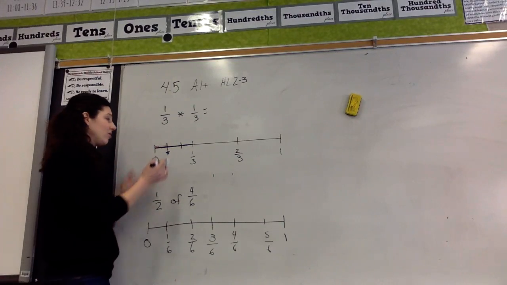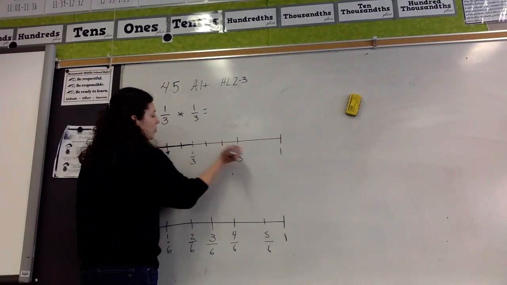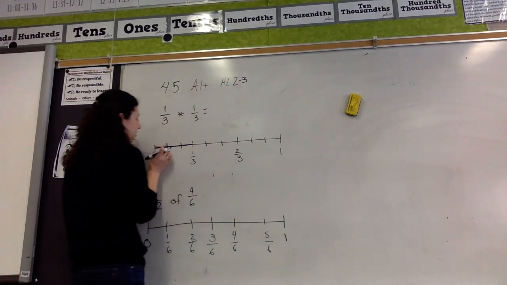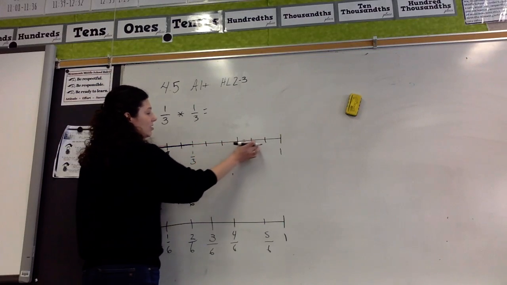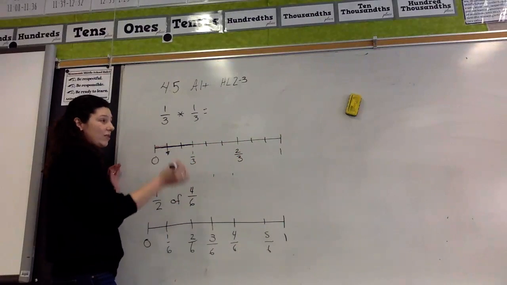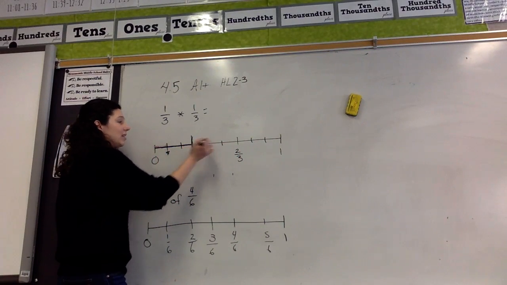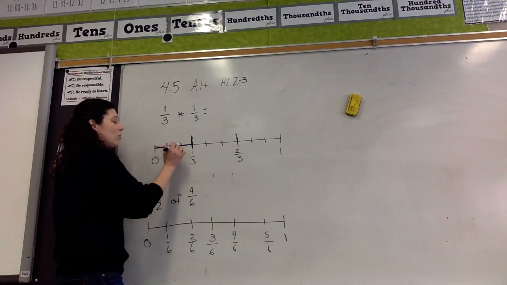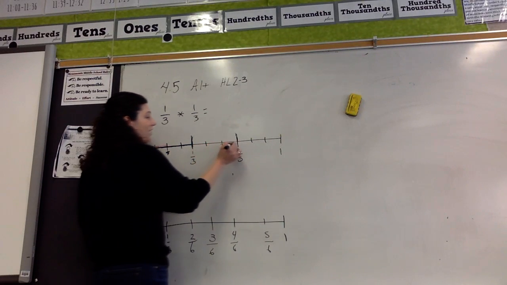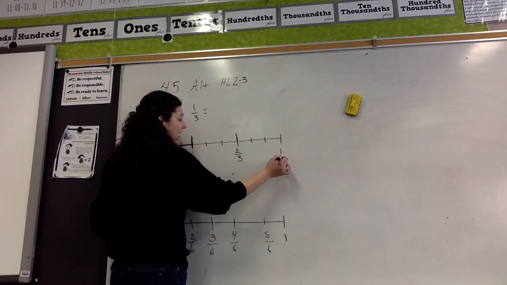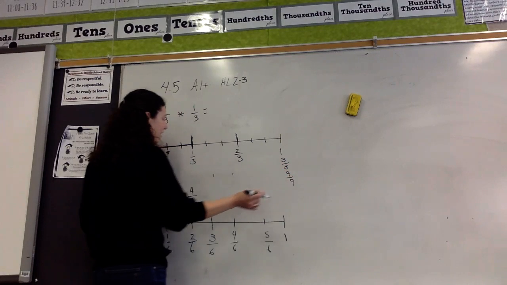Obviously, it's less than a third, right? If I continue to put those same size tick marks on, I've broken each of these thirds into 3 pieces. You can see now instead of having 3 tick marks the way I did when we started the number line, I have 1, 2, 3, 4, 5, 6, 7, 8, 9. This whole could be either 3/3 or 9/9, right?